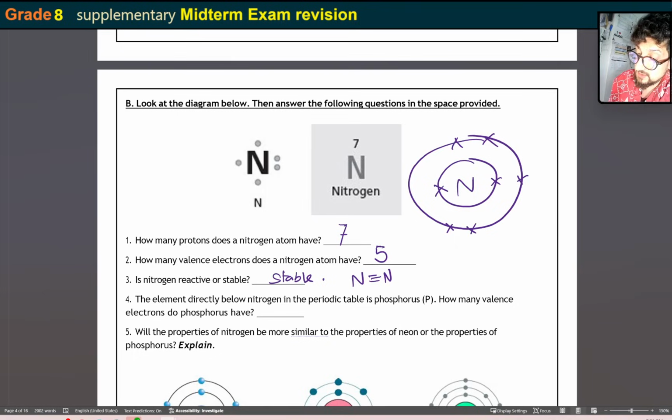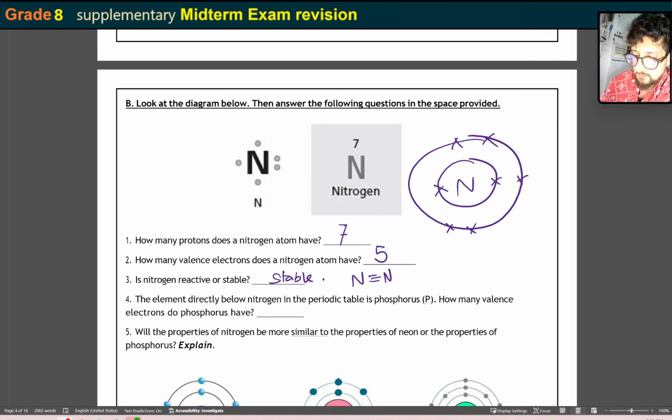If you look at transporting of petrol in large container ships, they pump in nitrogen to get rid of the oxygen inside. So nitrogen gas is generally very, very stable. But the nitrogen element on its own is somewhat reactive. Again, it's not that reactive, but if we're talking about nitrogen gas, it's very, very stable. So hopefully, in the exam, it would be very clear as to what they mean.